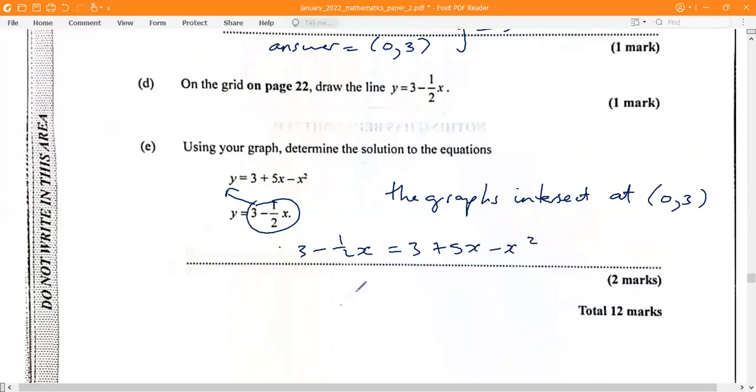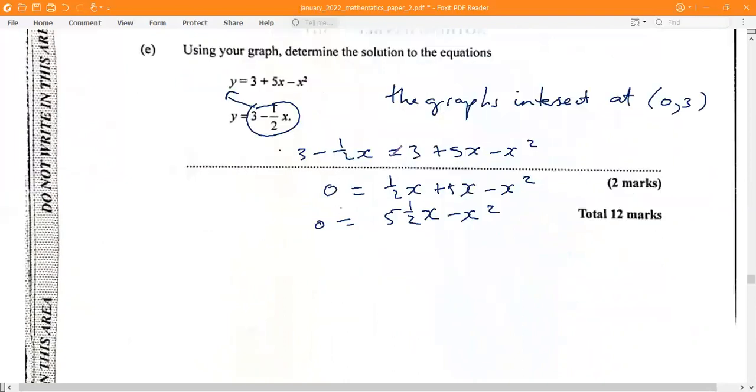Then I want to subtract 3 from both sides, and add 1/2 x to both sides. So we get 0 is equal to 5.5x minus x squared. Then 0 is equal to x times (x minus 5.5).